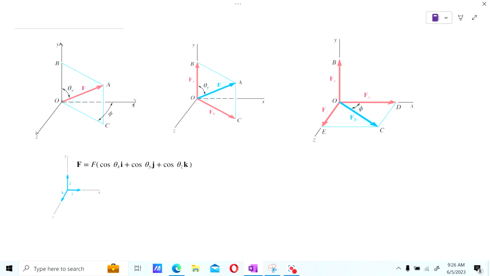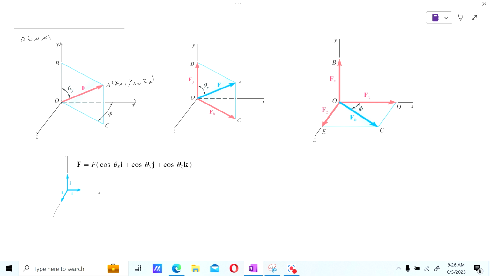But in this case, starting from the origin, this point has coordinates 0, 0, 0 in i, j, and k. So it's pretty simple, because whatever coordinates you have at A, it will be minus 0, just the coordinates at A. The coordinates of A will be x at A, comma, y at A, comma, z at A. Okay?